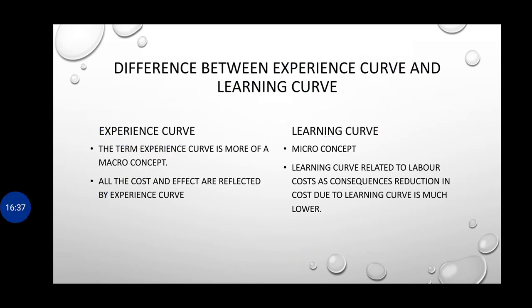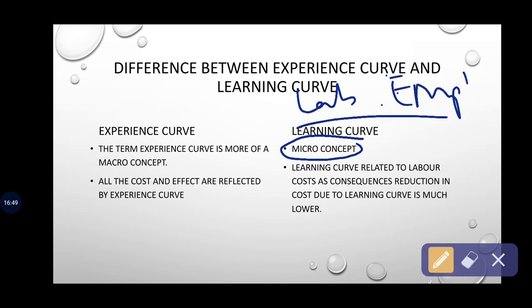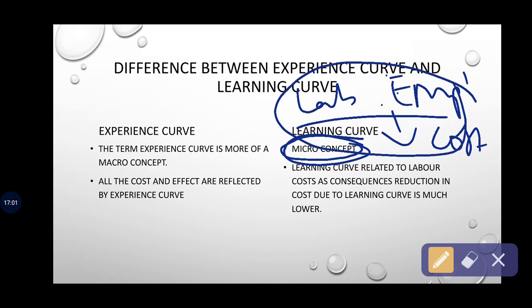But the learning curve, as we are only concentrating on our laborers, employees, and their willingness to do the work, is only concentrating on the labor cost, so it is micro in nature. It covers a lesser concept, that is, it only covers employees' cost, labor cost.